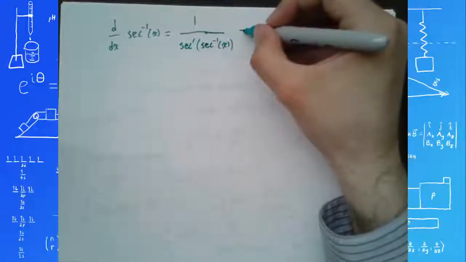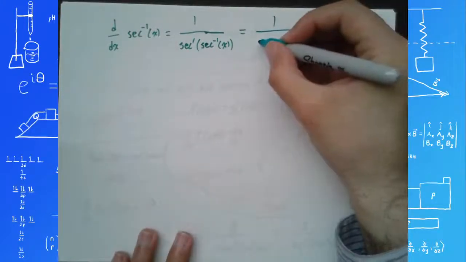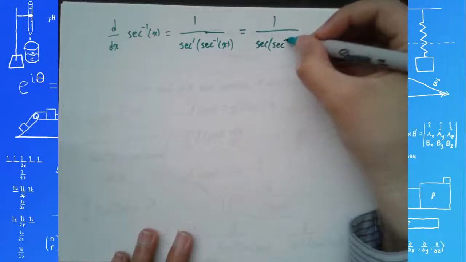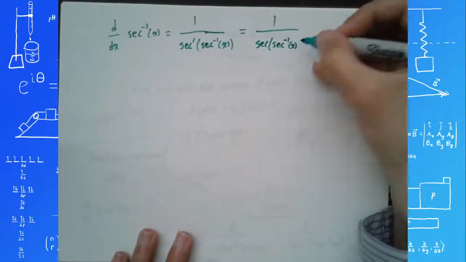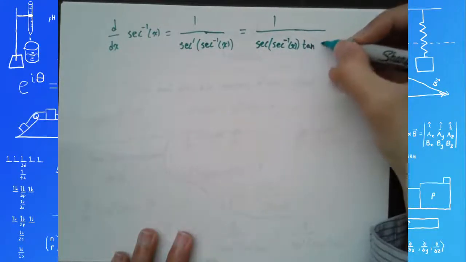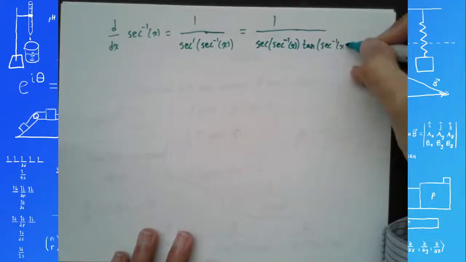And of course secant prime is secant tangent, so it would be 1 over secant of secant inverse of x times tangent of secant inverse of x.